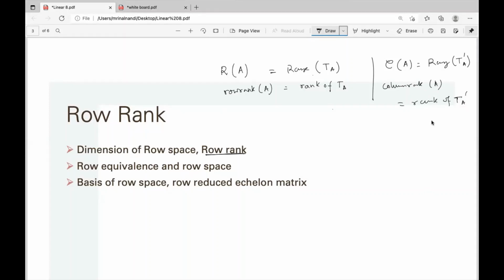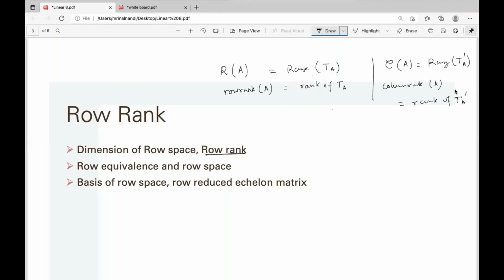There is an interesting result: row rank is the same as column rank. But why is this so amazing? The row space is in Fm and the column space is in Fn. Two different spaces, two totally different sets of vectors. There is no apparent link between these row vectors and column vectors. Still, their dimension is the same.